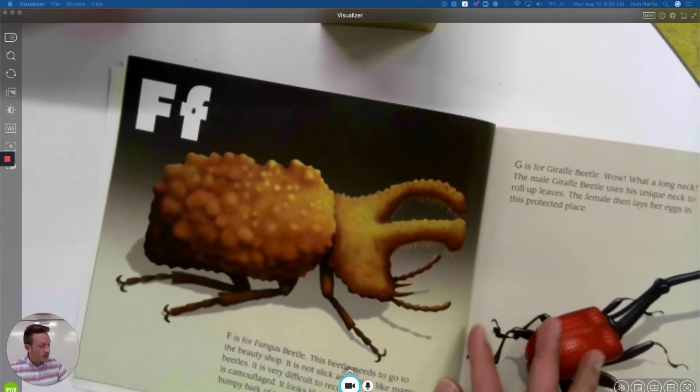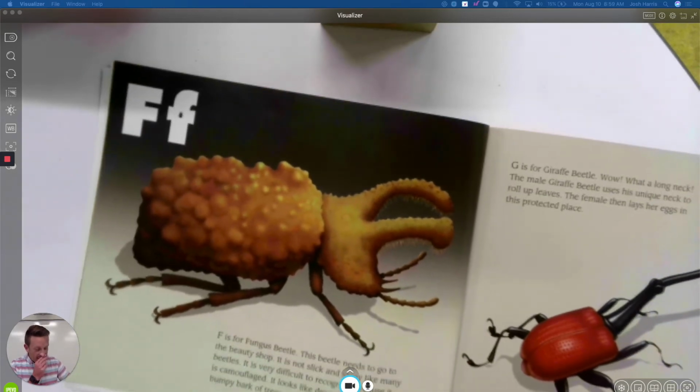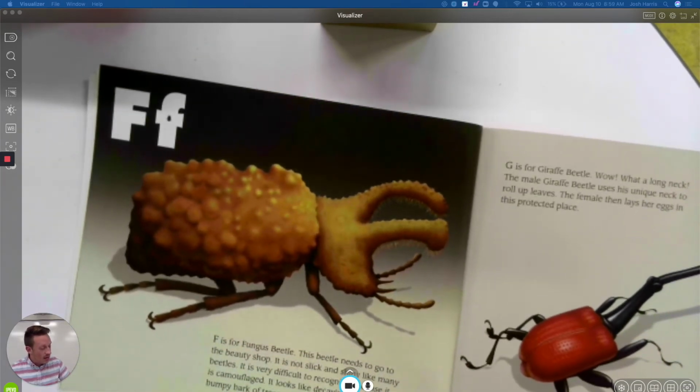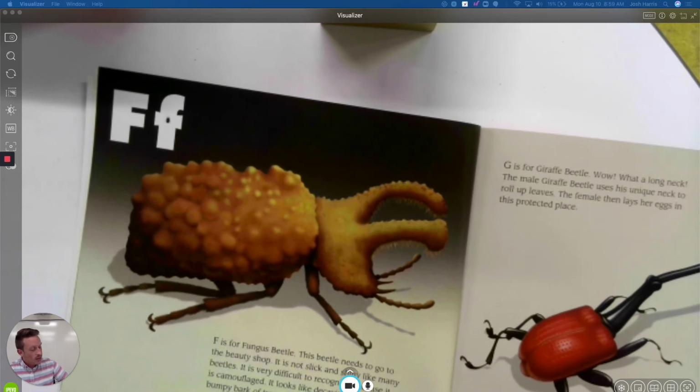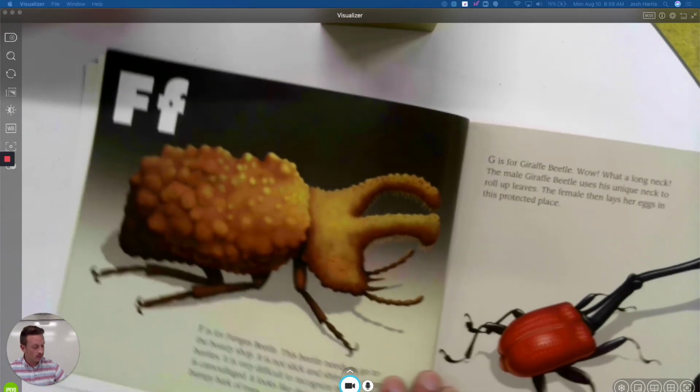This beetle needs to go to the beauty shop because it's not slick and shiny like many beetles. It is very difficult to recognize because of its camouflage. It looks like decaying leaves, the bumpy bark of trees, or fungus.